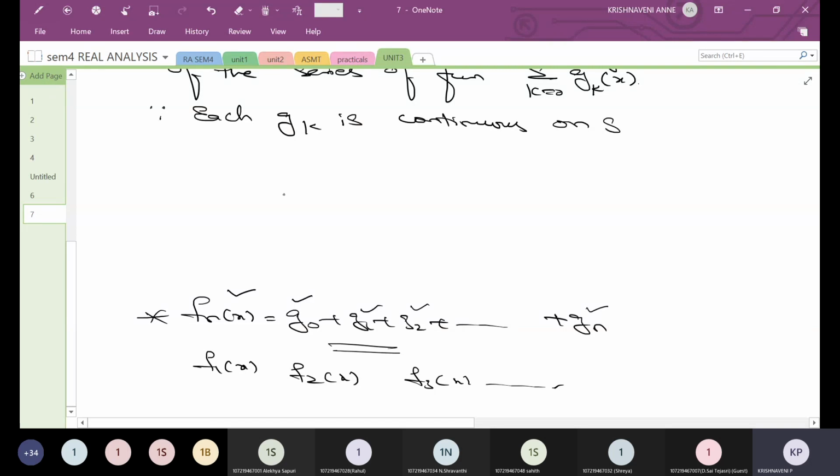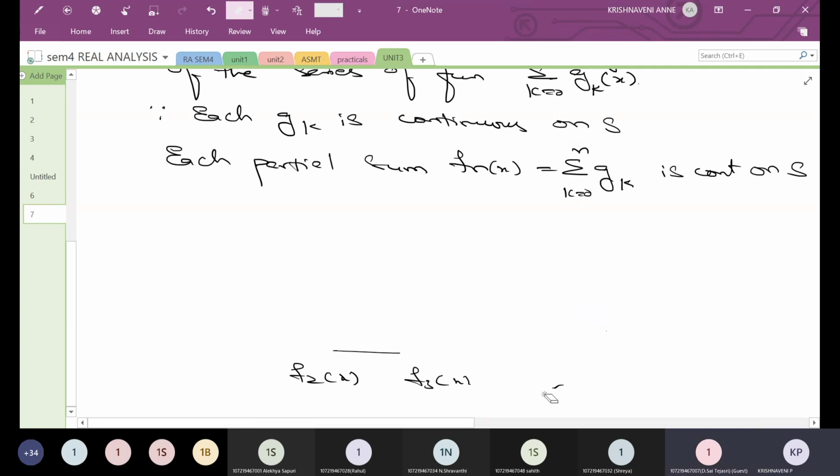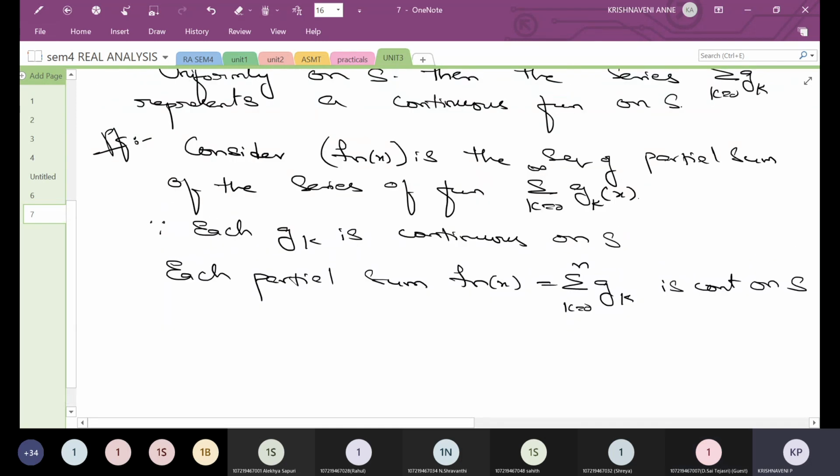So since each gk is continuous on S, each partial sum fn of x, which is nothing but summation gk where k equal to 0 to n, is continuous on S. Is this clear, everyone? We have used only one condition given in the statement, that each gk is continuous on S.